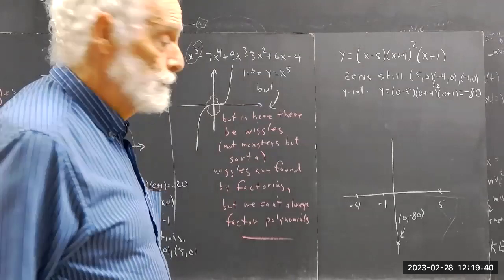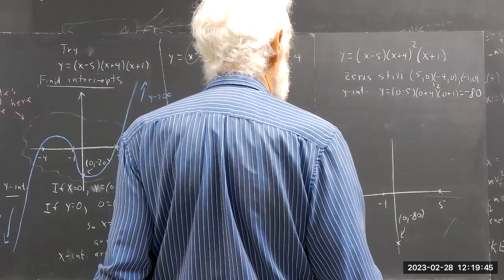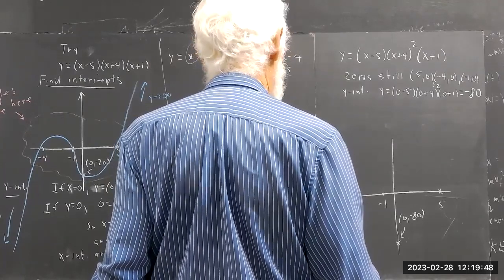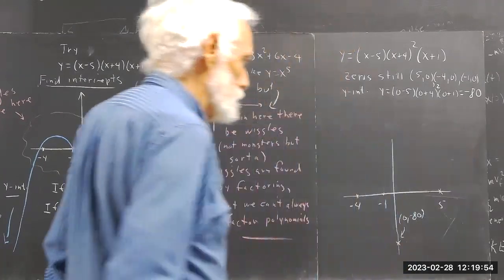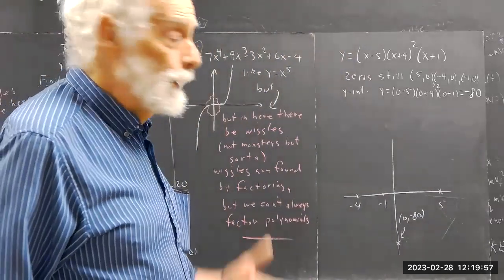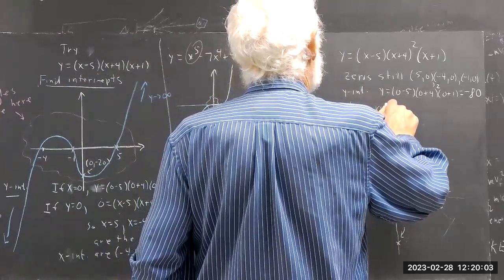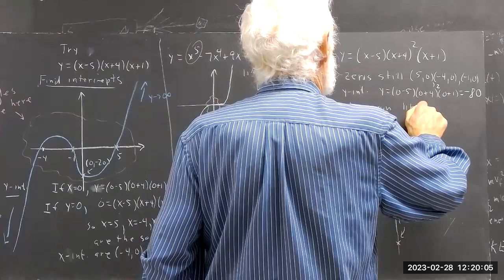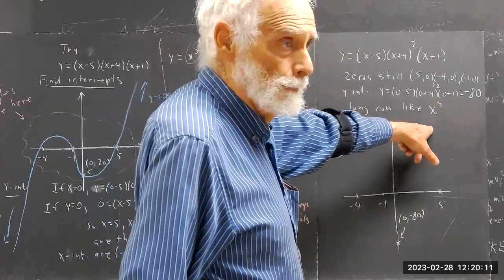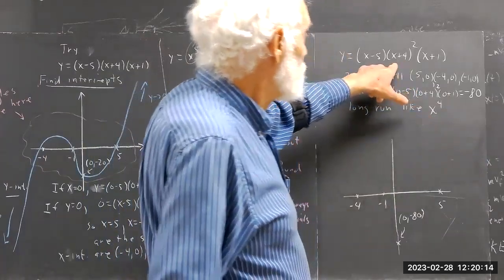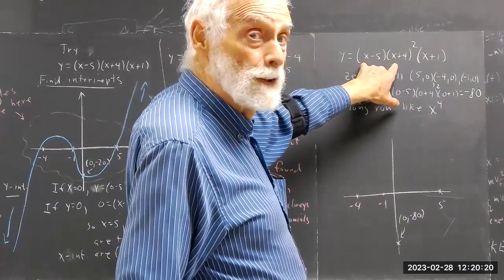Now, if I try to come from here, down through here, and up through here, it could work. But the problem is, the long run behavior is like x to the 4th. Because x plus 4 squared is going to give me an x squared, and when I multiply that by x minus 5, it's going to give me an x cubed.